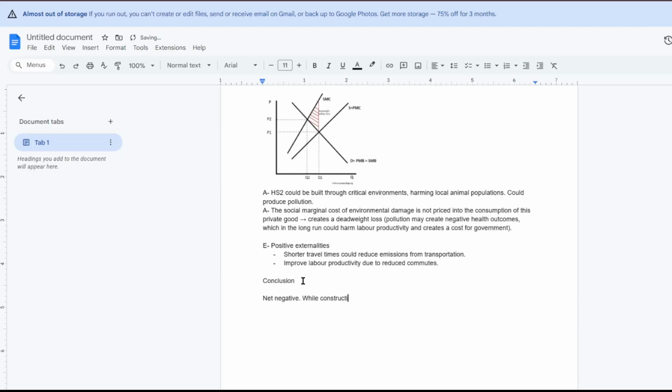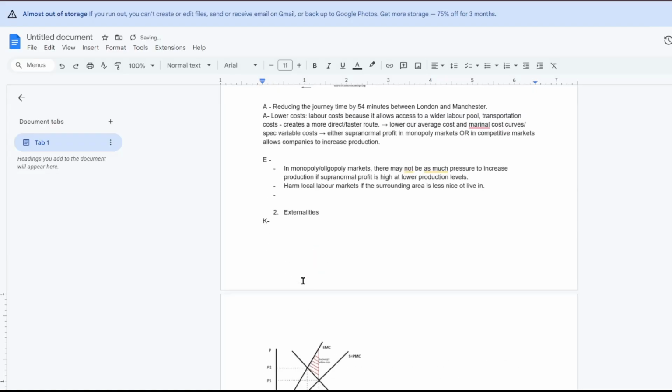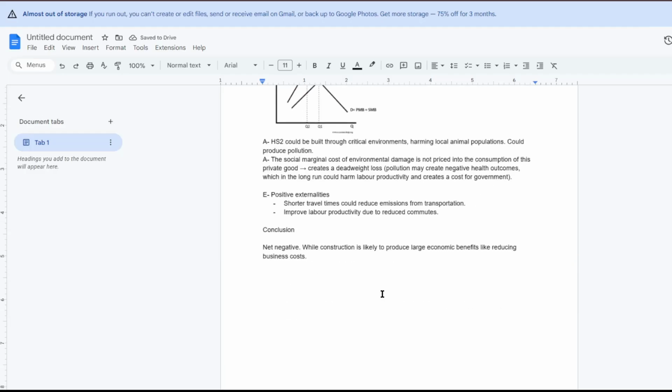While construction is likely to produce large economic benefits, like reducing business costs, I think the savings to businesses do outweigh the increased costs to businesses. Large infrastructure projects come at significant cost to the government.